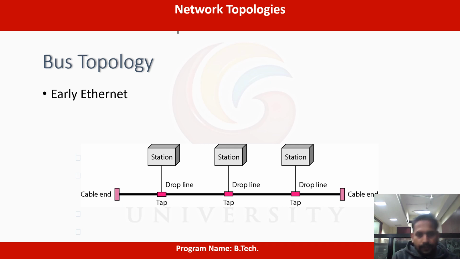So if any link between two stations gets disconnected, then automatically the data cannot travel from one station to another station across that broken link. At that moment, the entire network gets disconnected and goes into spoiled mode. That's it. That's why we say this is one drawback of this bus topology. And fault identification is easy in this method.